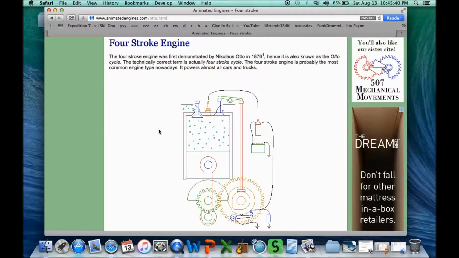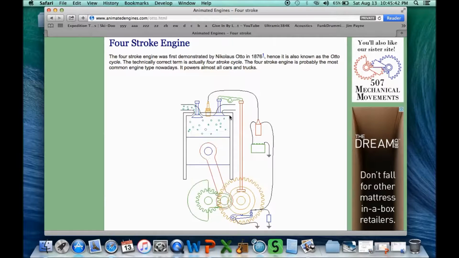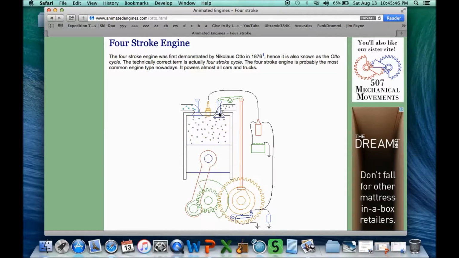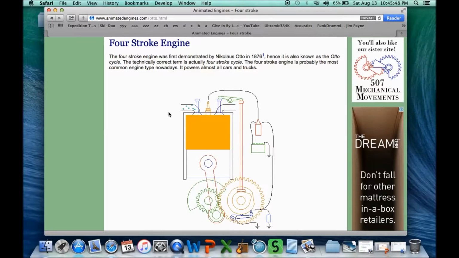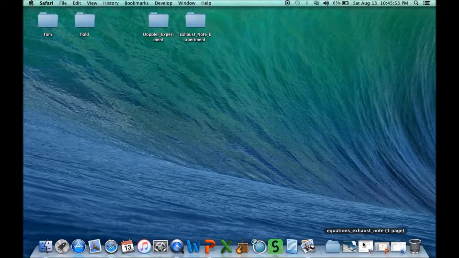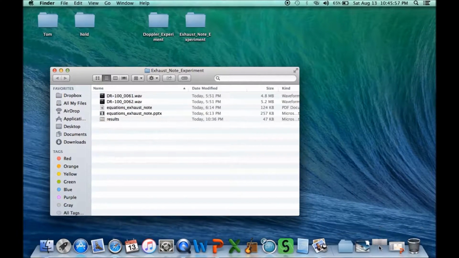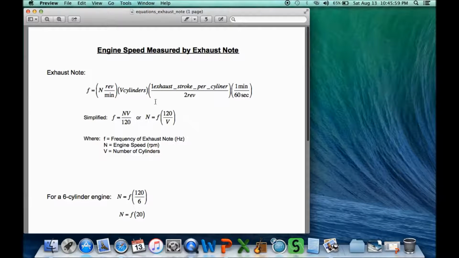So in theory, if I can determine how often the exhaust valve is opening, then I will know the speed of the engine, and how often the exhaust valve is opening is directly related to the frequency of that tone. So the equations for that would look like this.